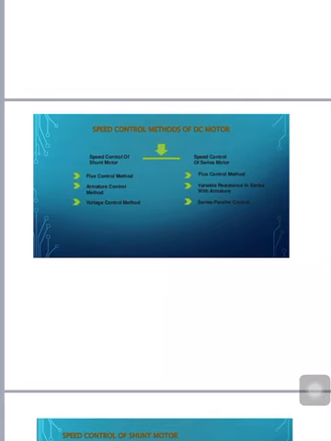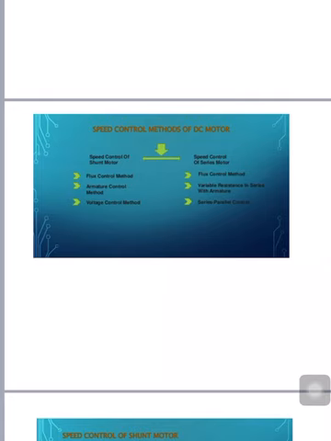Terminal voltage and external resistance involve a change that affects the armature circuit, and we have two methods, armature control and field control. Coming to the series motor, we also have armature control and field control methods. In armature control of a DC series motor, we have armature resistance control, shunted armature control, and armature terminal voltage methods.